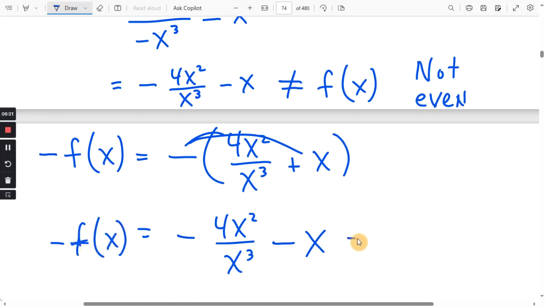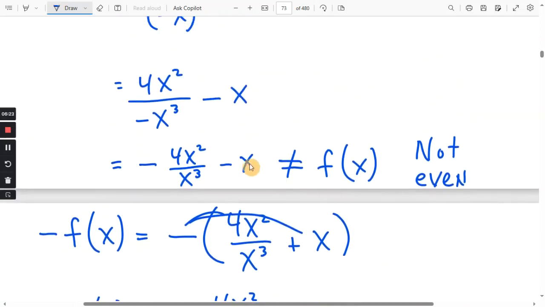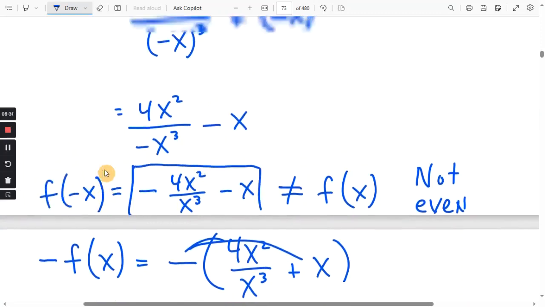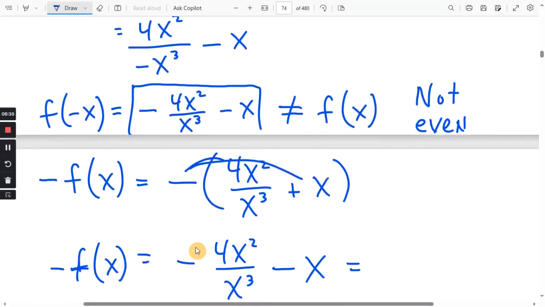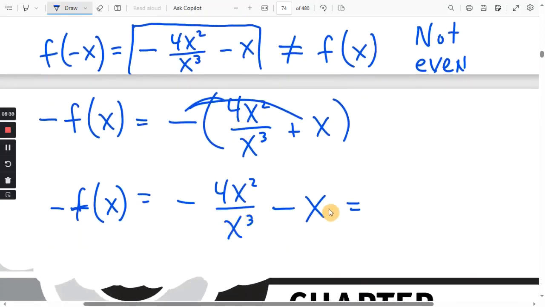All right, and does that equal this right here? This was f of negative x, right? Because we just did that a minute ago. We have negative 4x squared over x to the third minus x. That's what we have here also. So it equals f of negative x.